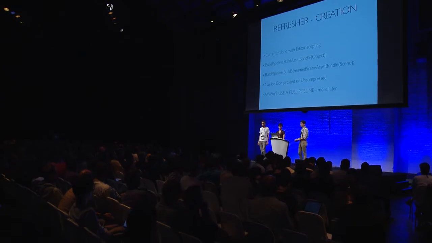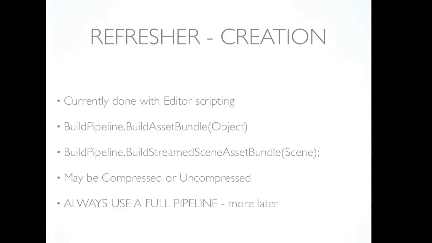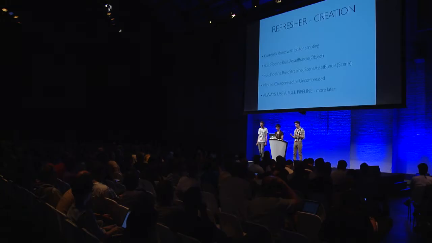So how do you create an asset bundle? Well, right now, you do it with editor scripting. Specifically, the functions you're looking at are BuildPipeline.BuildAssetBundle or BuildPipeline.BuildStreamedSceneAssetBundle, which is just an asset bundle that contains a scene, since scenes are assets, but they're not exactly assets in Unity.